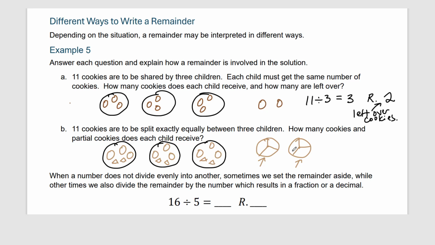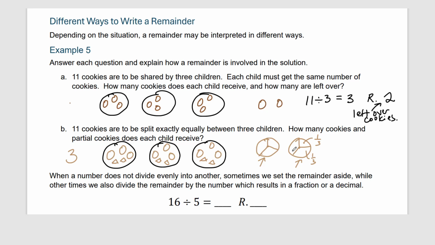Okay, so we've distributed those, and now let's look on the plate here. How many cookies does each child have? Well, we know they have 3 whole cookies, but then they also have 2 of these little pieces, and each one of these pieces is a third.